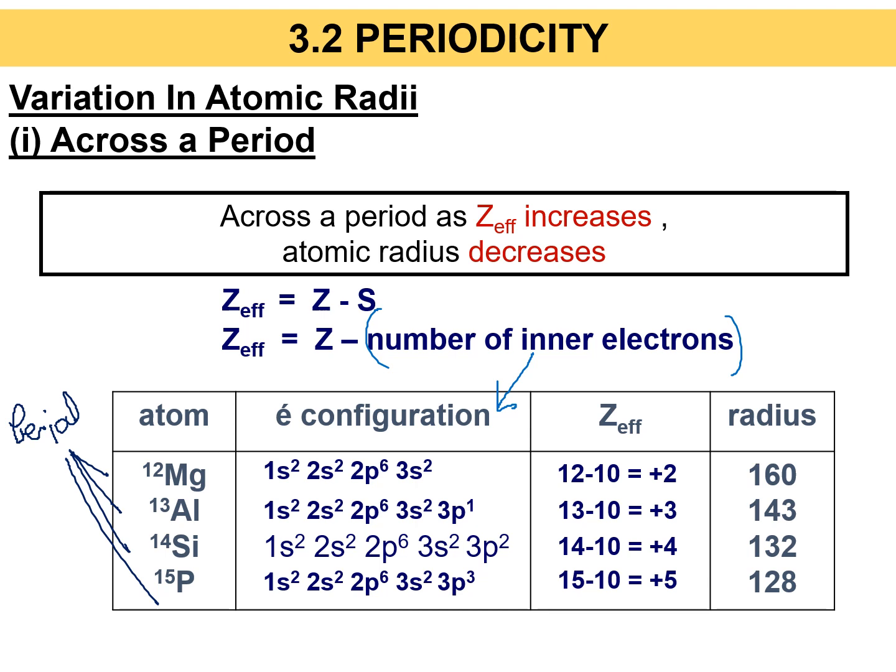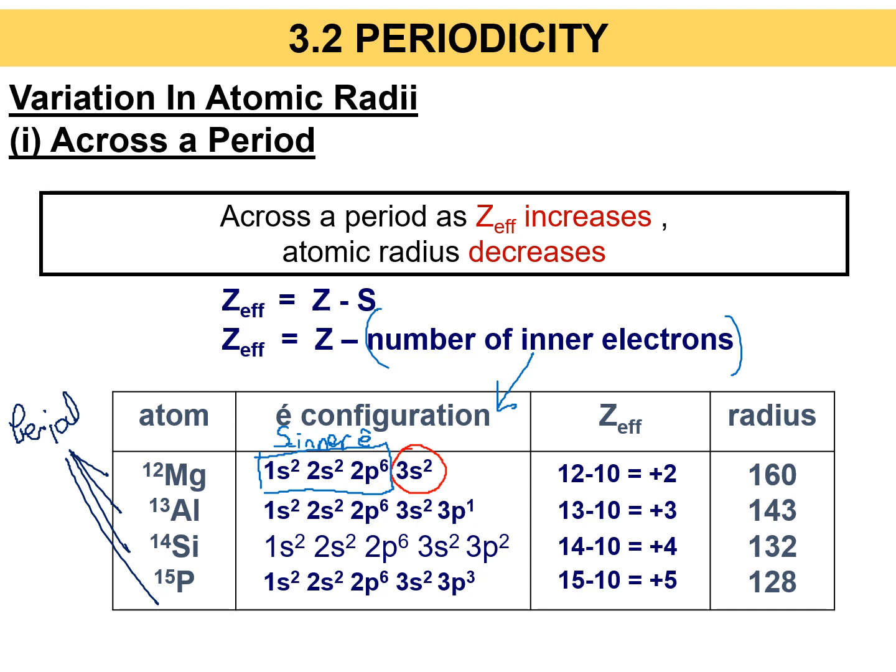Okay. So, contohnya, if you look at the Mg ada proton sebanyak 12 and bila you buat electronic configuration for Mg, you will get 1s2, 2s2, 2p6, 3s2. Therefore, 3s2 will be the valence electron. Since 3s2 jadi valence electron, makanya 1s2, 2s2, 2p6 ni akan jadi S, akan jadi inner electrons.